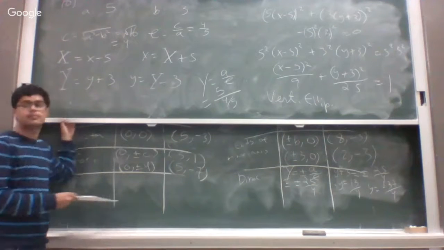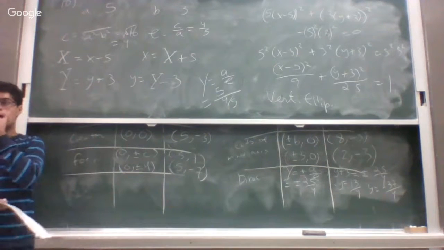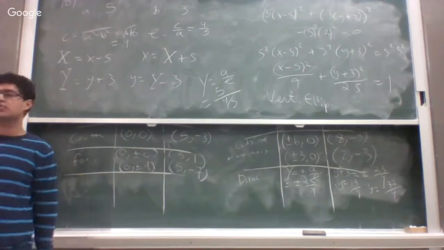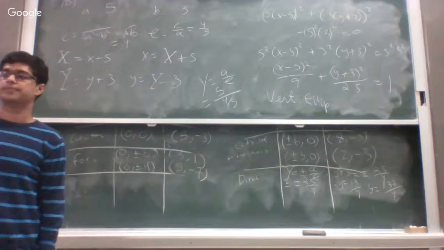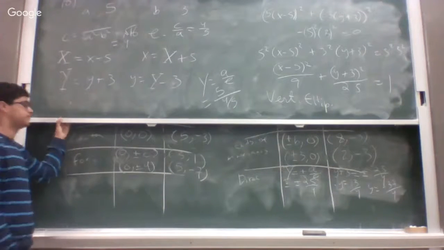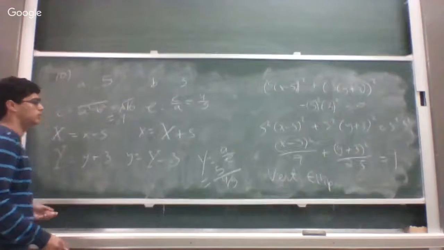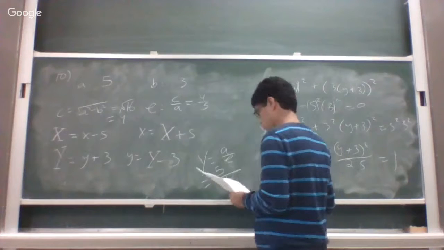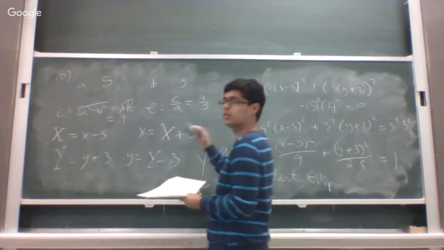Our hyperbolas are all asymptotes. For those they'd ask asymptotes, or for ellipses they'd ask major or minor axis.